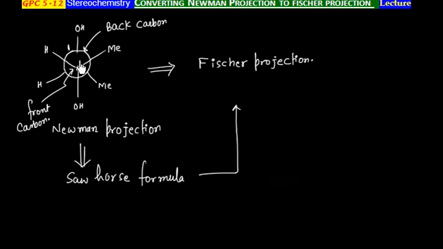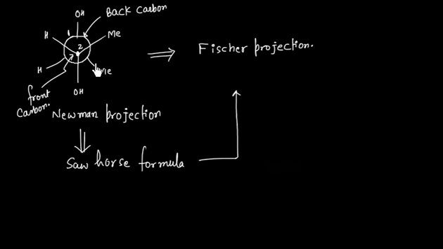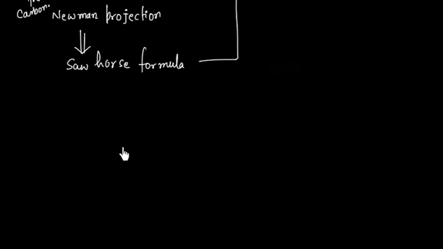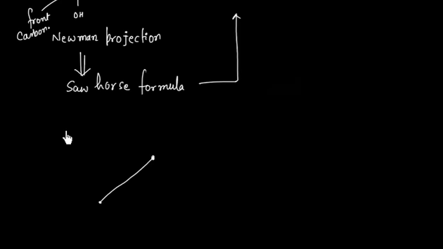Call this carbon 2. Now first we will make the Sawhorse formula from this Newman projection. So this is the back carbon, that is carbon number 1. This is the front carbon, that is carbon number 2.